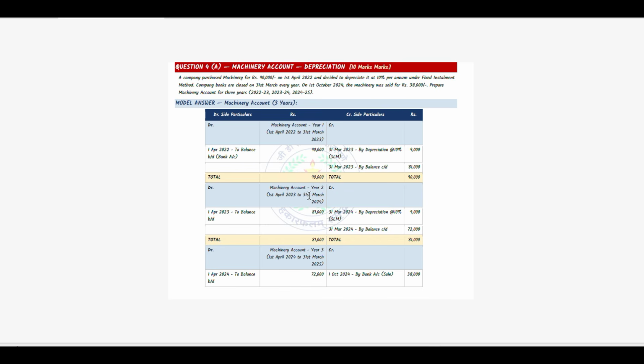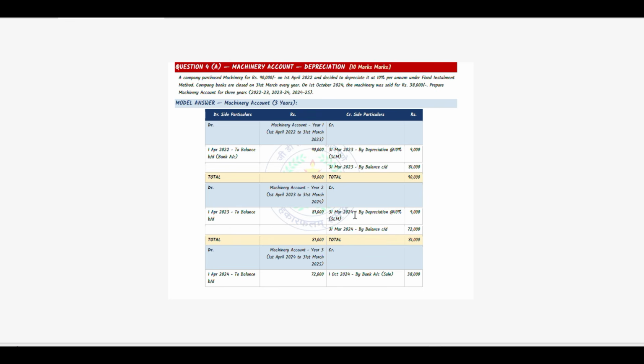Next, the machinery account for the second year, 1st April 2023 to 31st March 2024. 1st April 2023 to balance, that is the old balance, 81,000 rupees, that we have to carry forward here again. And again, depreciation is on the original cost, so 9,000 rupees we have to again reduce from 81,000 rupees.